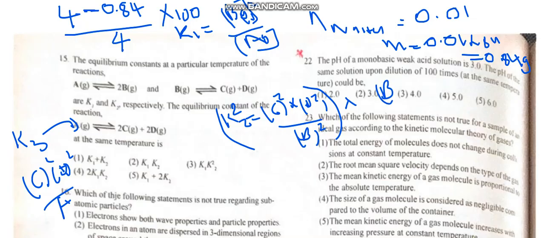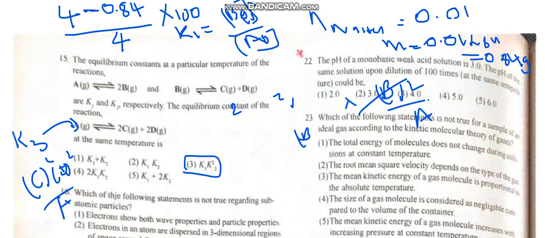K1 is B squared over A. And you can see B squared cancels, leaving C squared into D squared over A. So K2 squared into K1. Yes, so the answer is the third one, K2 squared into K1. I hope that's clear. Nice question. Then let's move on.